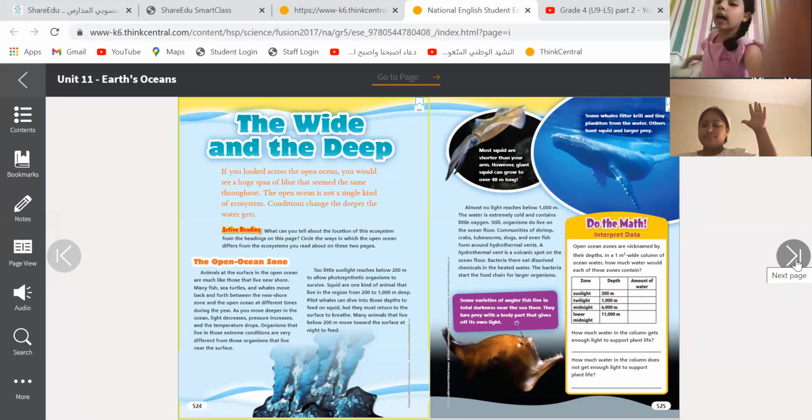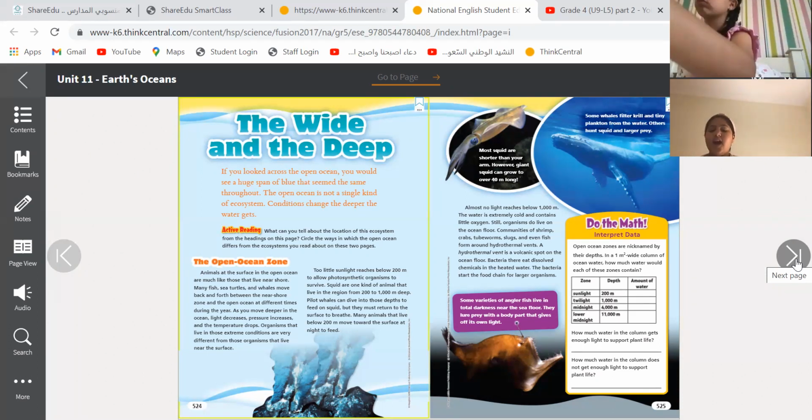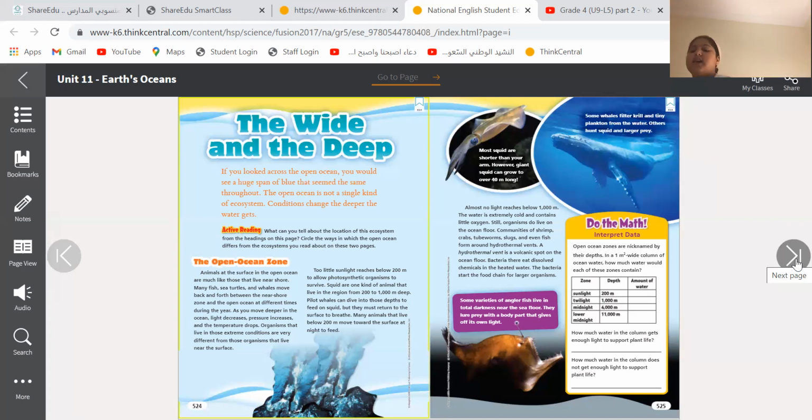Yesterday I read this page and I was thinking, how do fish and animals swim without light? There are some fishes that don't like the light.